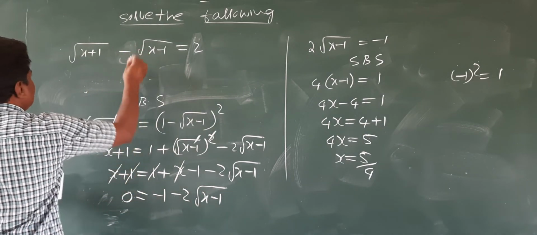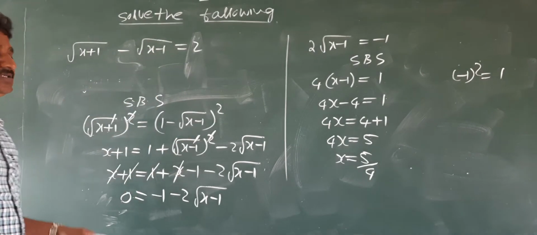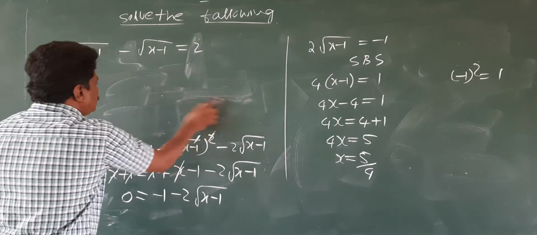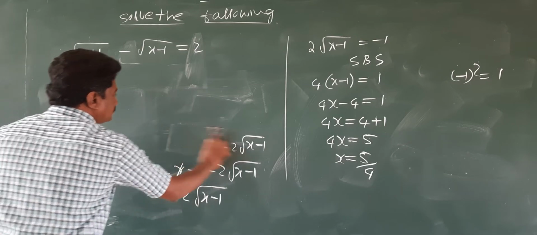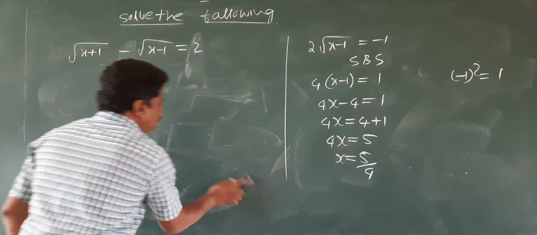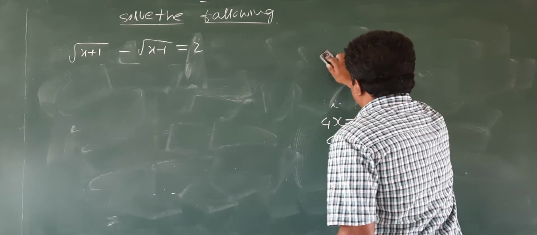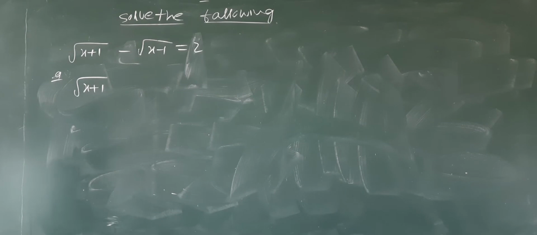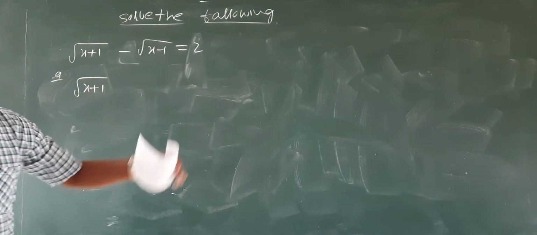Plus or minus is equal to 2. You send one of the terms to the right side.